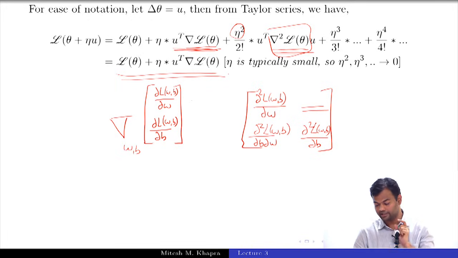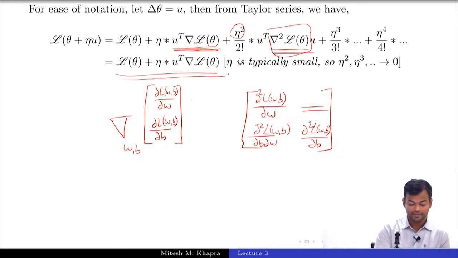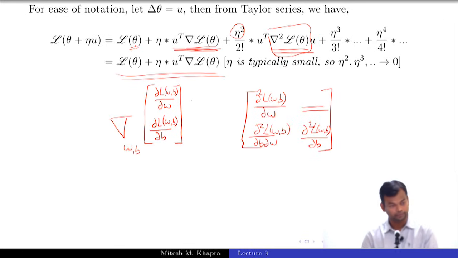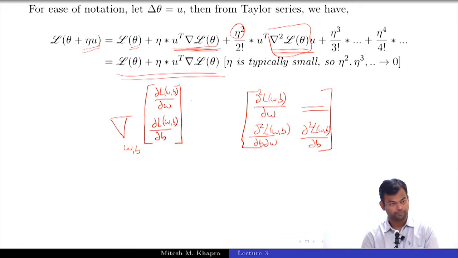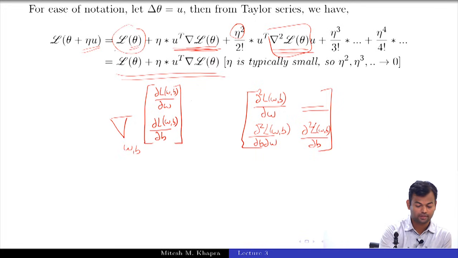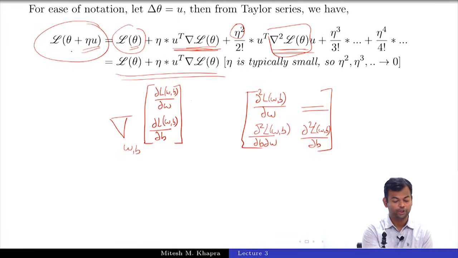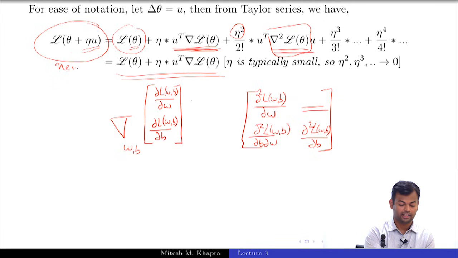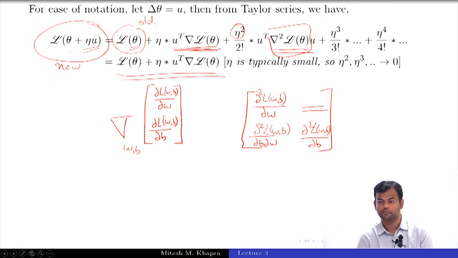Fine? So let's again look at what the setup is. The setup is that I have some value of theta. I want to move away from that value such that, what do you say about this loss compared to this loss? I'll call this the new loss, and I'll call this the old loss. What is the relation between them?